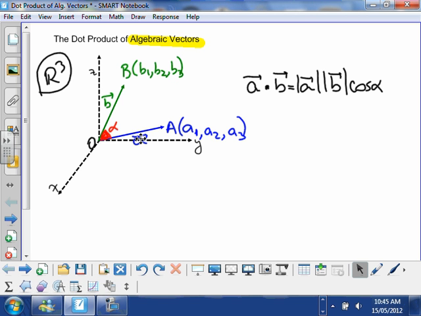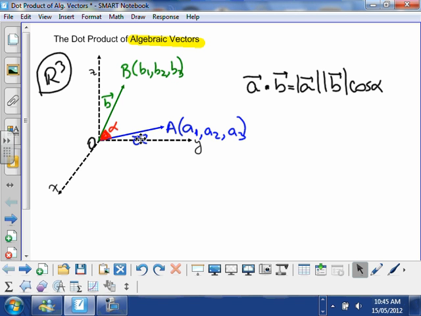Good. So that was my definition from yesterday. Now, this time my vectors are in a coordinate system. So I threw the vectors in a coordinate system, and I want to see if that helps me to get a new definition for the dot product.